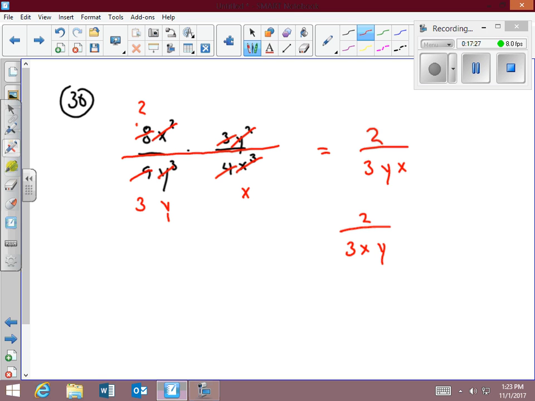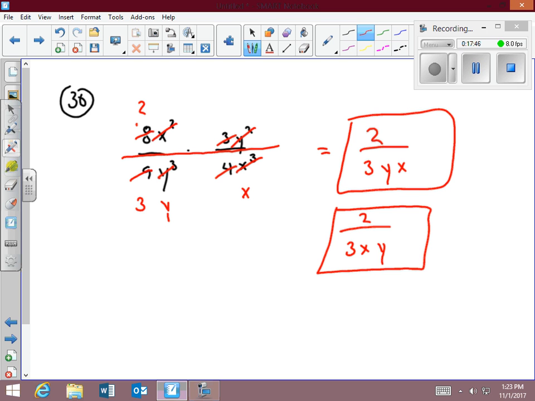Why is that no different than 2 over 3yx? Commutative property of multiplication says you can write them in any order you want, right? You can put the 3 in the denominator in the middle, at the end. You could mix those things up, whichever way you want. The book may give you this in terms of the answer.